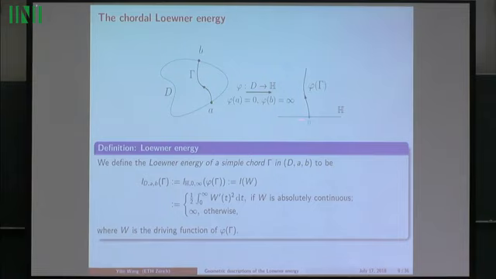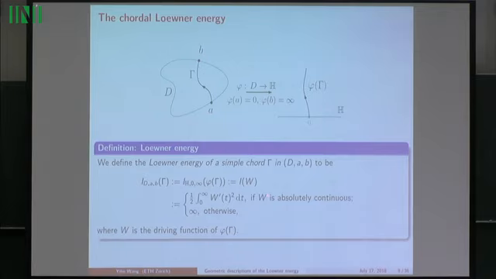We choose it to keep the direction from 0 to infinity. And then we define the energy of gamma in the setting D, A, B to be the Loewner energy of the curve that is the image by this function phi, which is the Dirichlet energy of the driving function.